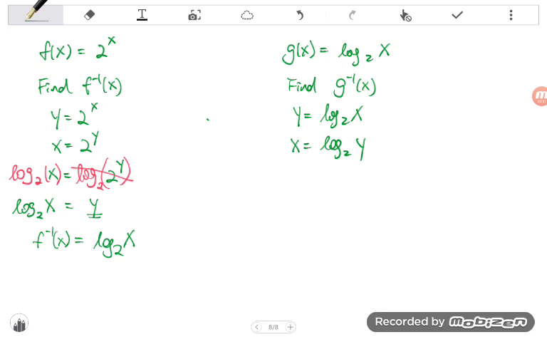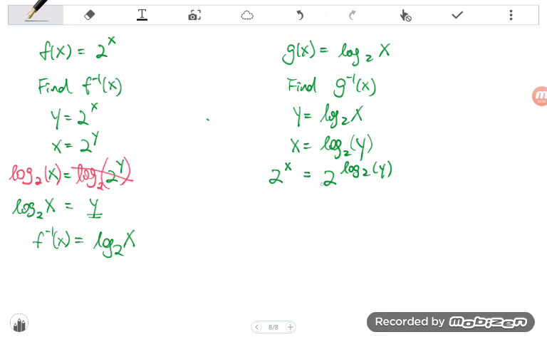Alright, and now I need to somehow isolate my y, and right now my y is in a logarithmic function. I need to use the exponential function to cancel it. So I'm going to say 2 to the power of log y to the base of 2. Exponential functions and logarithmic functions cancel out each other. So I'm going to do the same thing to the left.